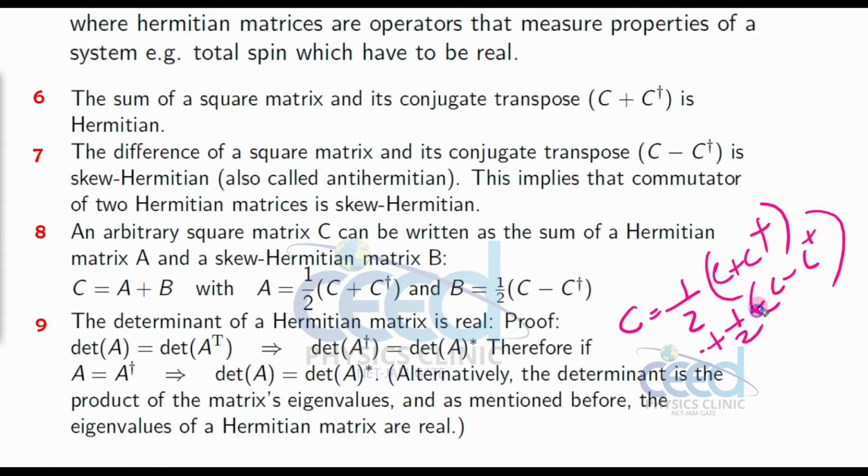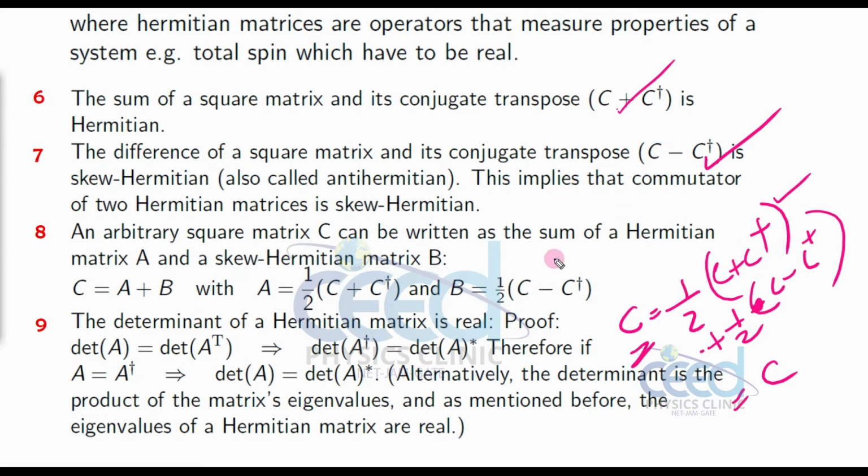C minus C dagger is skew Hermitian, which we have already discussed, and C plus C dagger is also Hermitian. So when you solve this you will get C. That means any matrix can be represented as the sum of a Hermitian and an anti-Hermitian matrix.